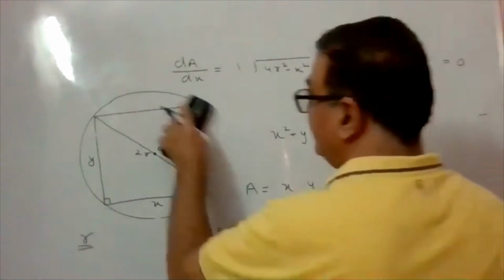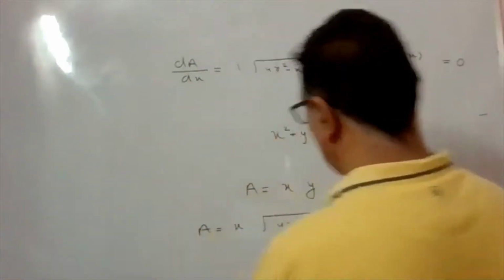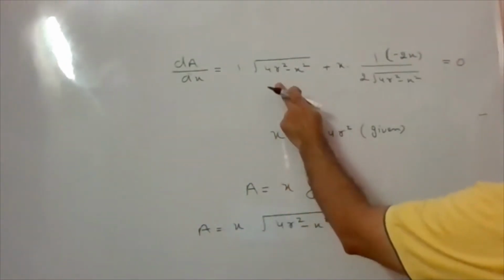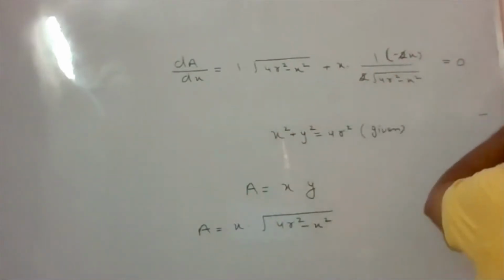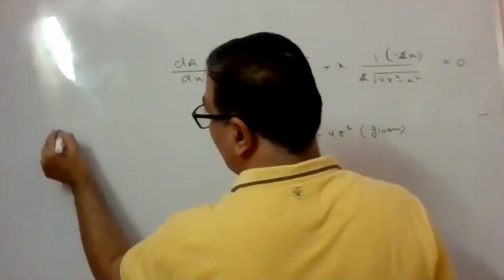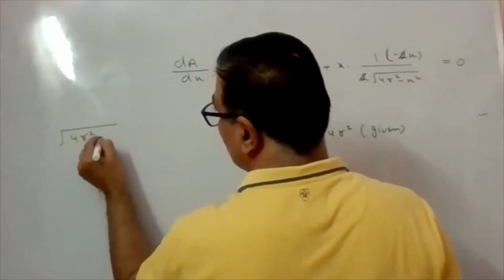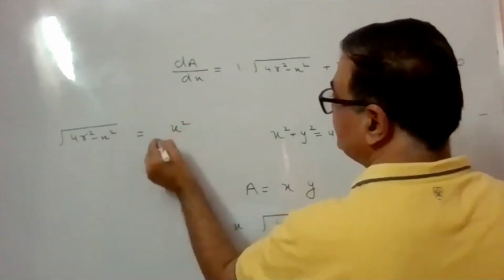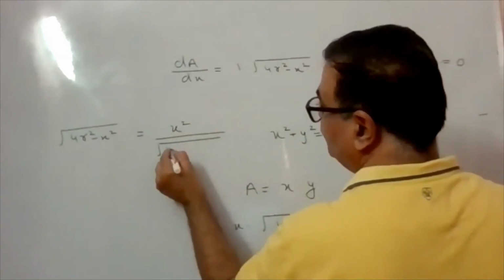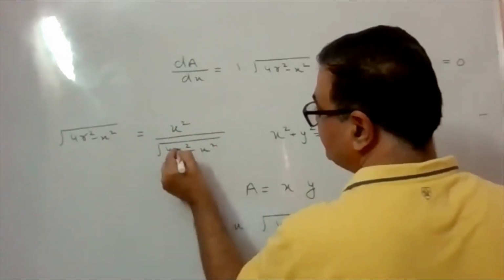Clear? Now, if it is coming equal to 0, that means these two quantities cancel out, and this being 0 means this quantity is equal to this. So I should have under root of 4r square minus x square is equal to x square by under root of 4r square minus x square.